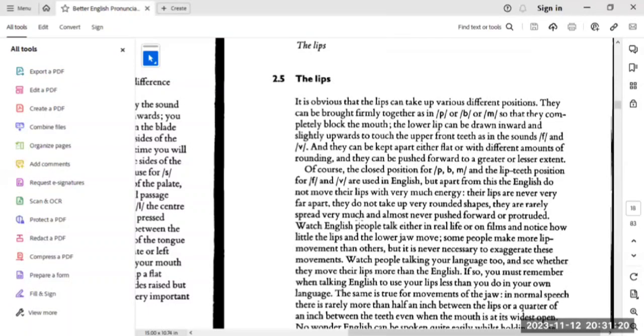Let's try to make f and v. Try to hold your lips with your fingers and try to say f. Again, this is an exercise for you.